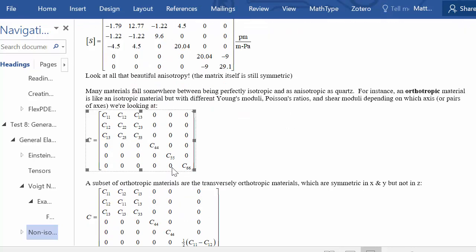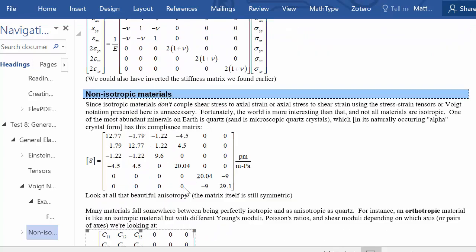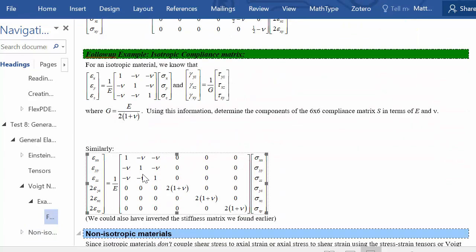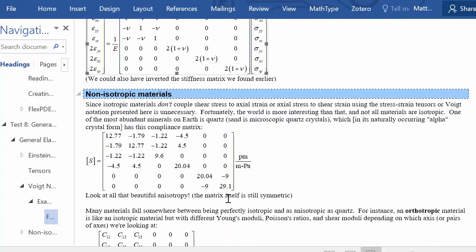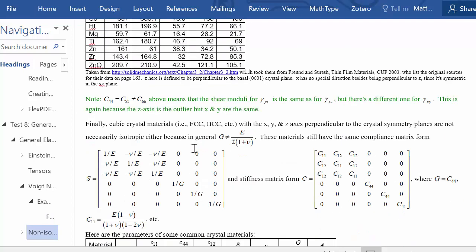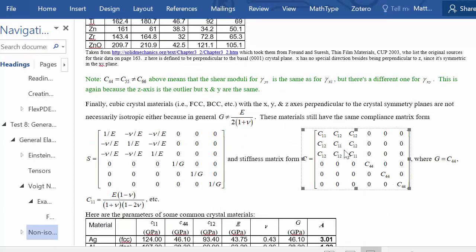So if we have a pure setup where all of the components are equal and related by just these two components, E and nu, then that's perfectly isotropic. You could also have something with the same format, but the C44s are not the same as you would predict through E over 2 times 1 plus nu.